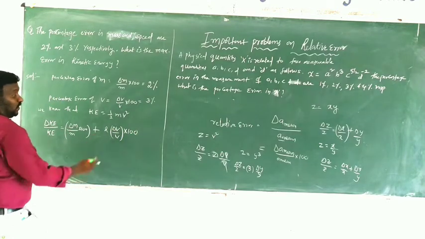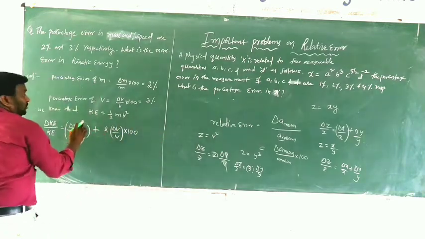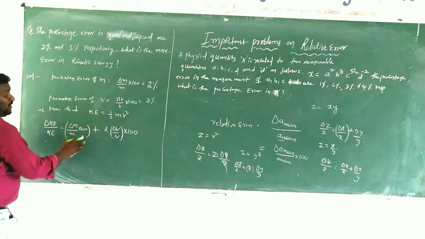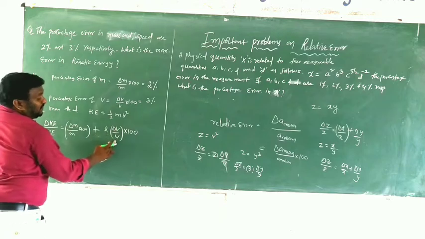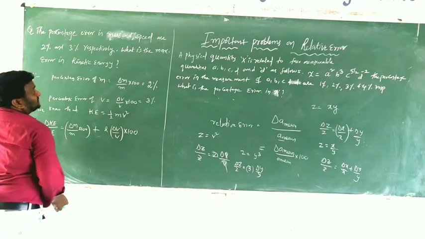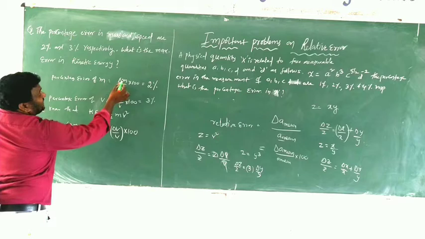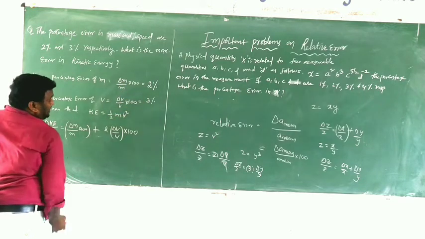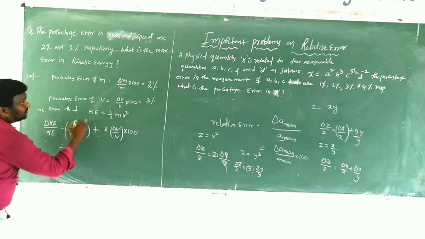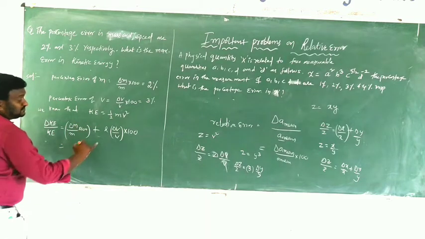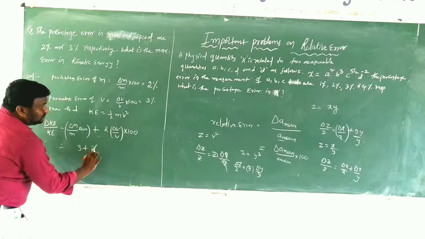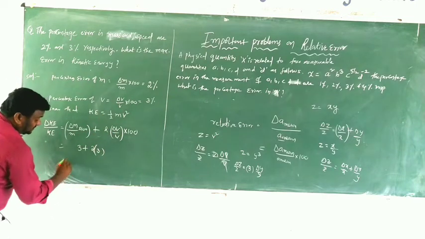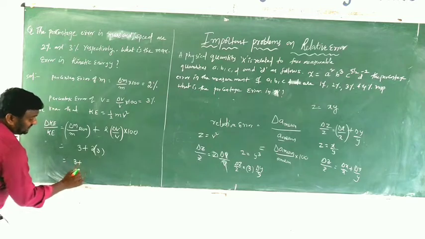Clear? So delta KE by KE is equal to delta m by m into 100 plus 2 into delta v by v into 100. Already it was given: delta m by m into 100 is 2, and delta v by v into 100 is 3. Substitute here. Now what do you have? 3 plus 2 into 3, which is 6.